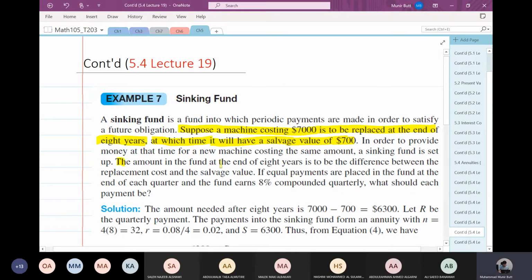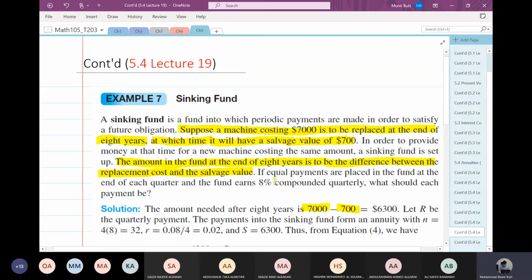The amount in the fund at the end of 8 years is to be the difference between the replacement cost and the salvage value. So the amount after 8 years will be the machine cost minus salvage value.